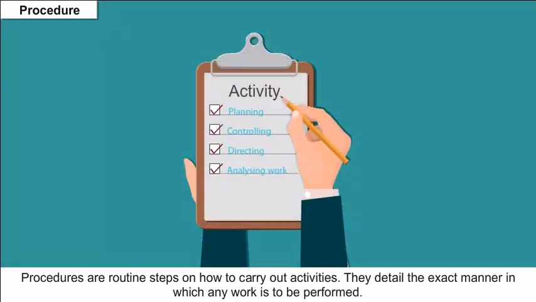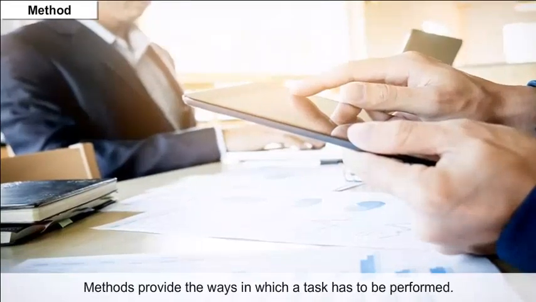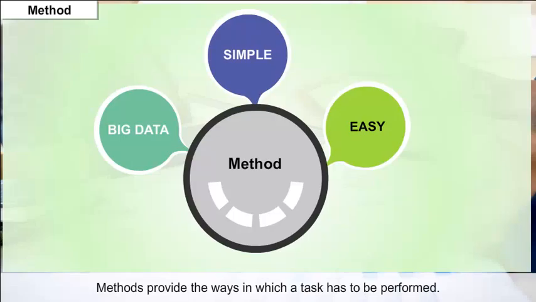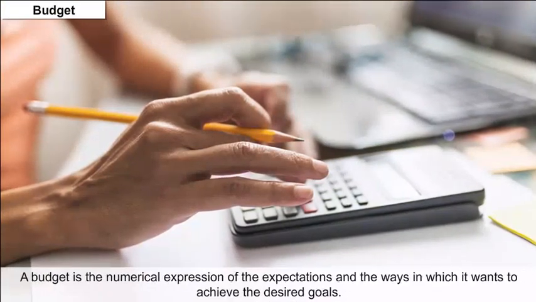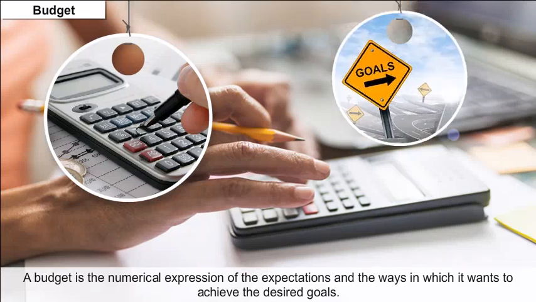They detail the exact manner in which any work is to be performed. Method. Methods provide the ways in which a task has to be performed. Budget. A budget is the numerical expression of the expectations and the ways in which it wants to achieve the desired goals.